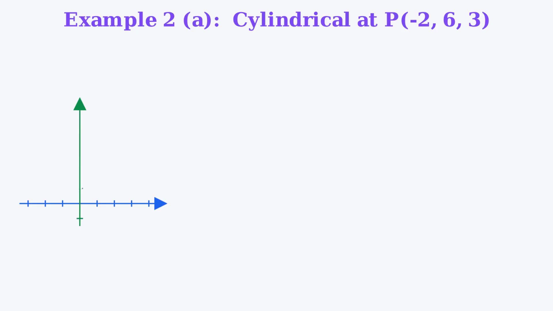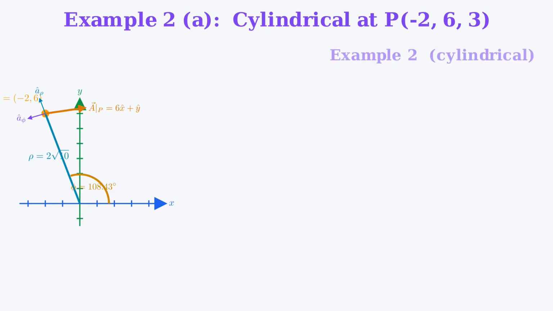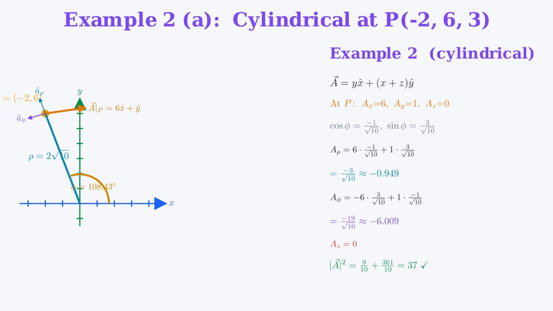Example 2. Now a real textbook problem. Take the vector field A equals y times x hat plus the quantity x plus z times y hat. The first thing to notice, Ax and Ay depend on position. Evaluate them at our familiar point P equals (-2, 6, 3).